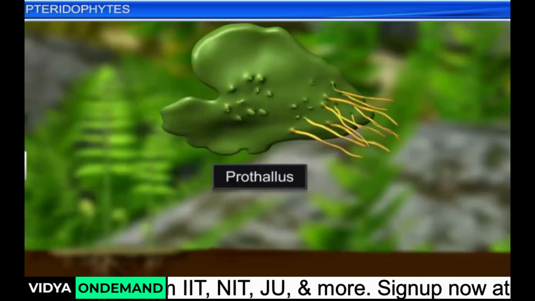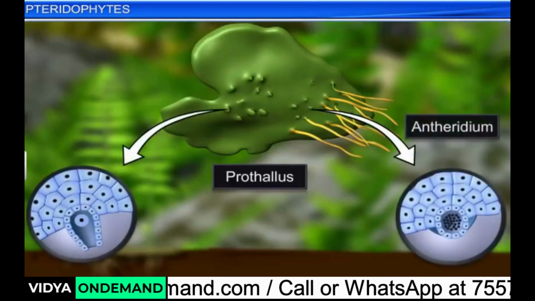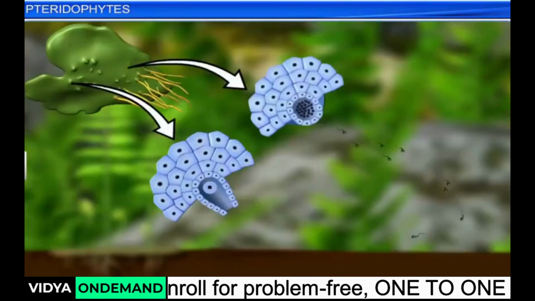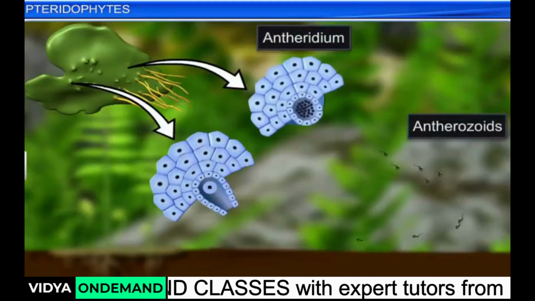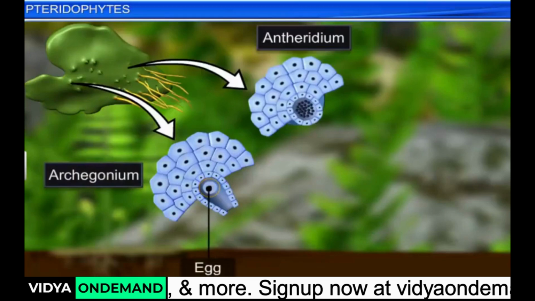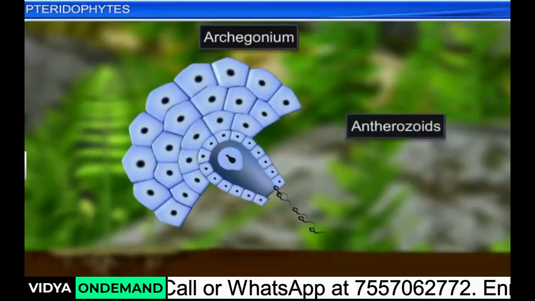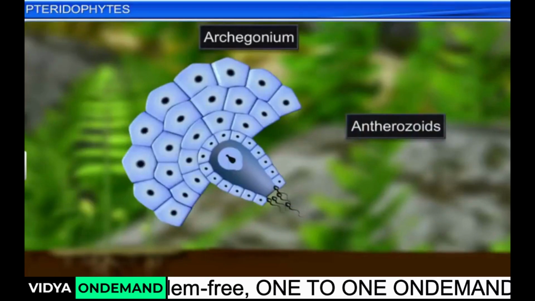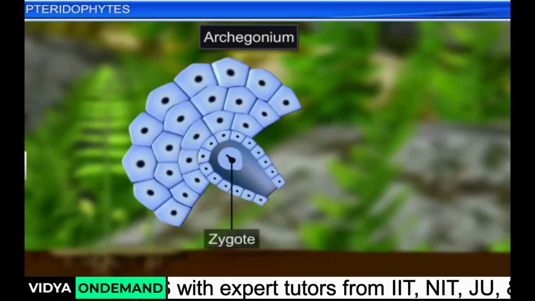The prothallus also bears the male and female sex organs, the antheridium and archegonium. The antheridium produces the male gametes called antherozoids, whereas the archegonium produces an egg. When released, antherozoids travel through water and eventually reach the mouth of the archegonium, where each one fuses with an egg to form a zygote.